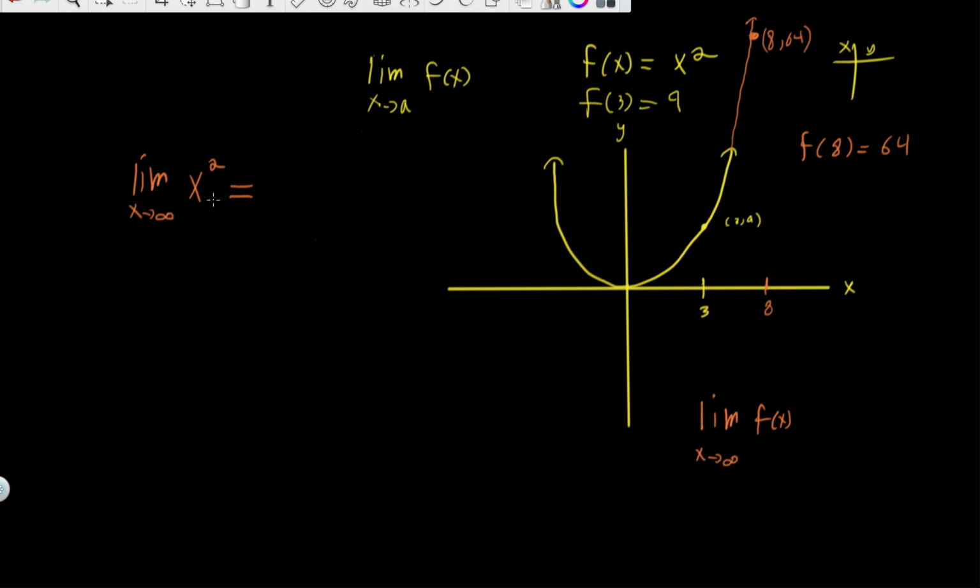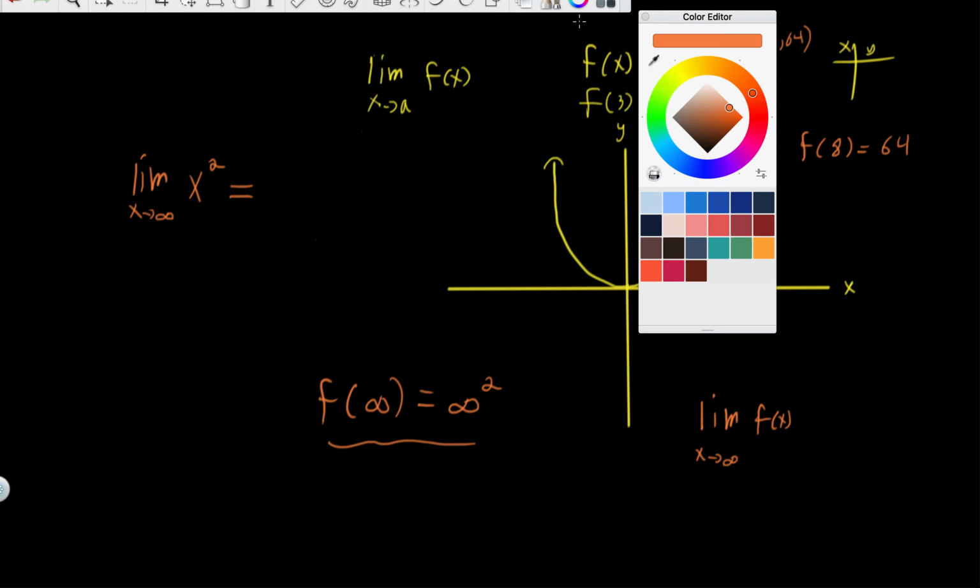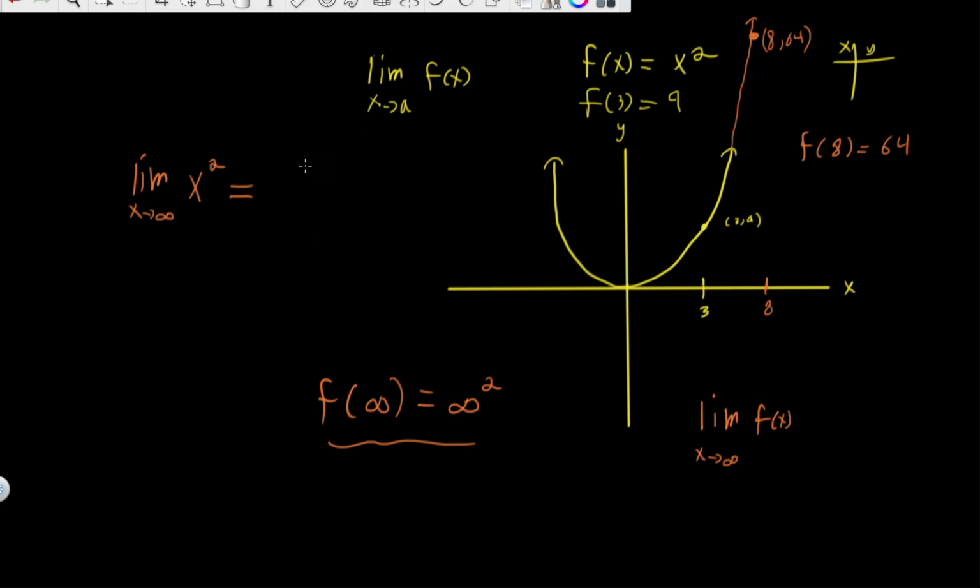The reason why we use limits for this is we can't quite plug in infinity. It doesn't really make sense to say f of infinity. I guess you can arbitrarily plug it in and say it's infinity squared, but this is not very mathematical. For that reason, we use limits. We say the limit as x goes to infinity of x squared. Well, the answer in this case would be infinity.